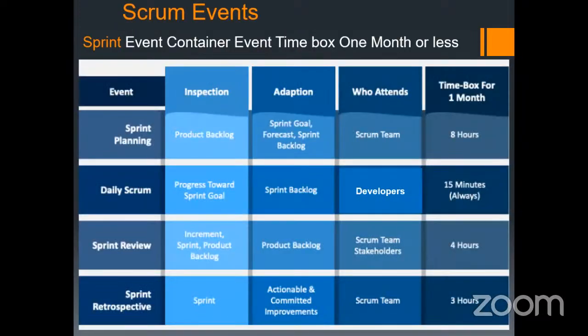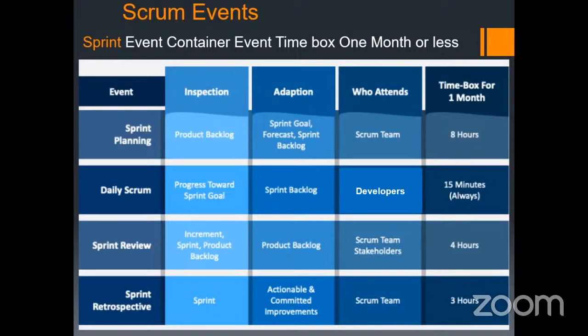So this is all about the sprint events. Here we have considered all events, all Scrum responsibilities: product owner, Scrum Master, and developers, and who is attending which event. And then we have given what the time box is for each event, which must not exceed that time box.